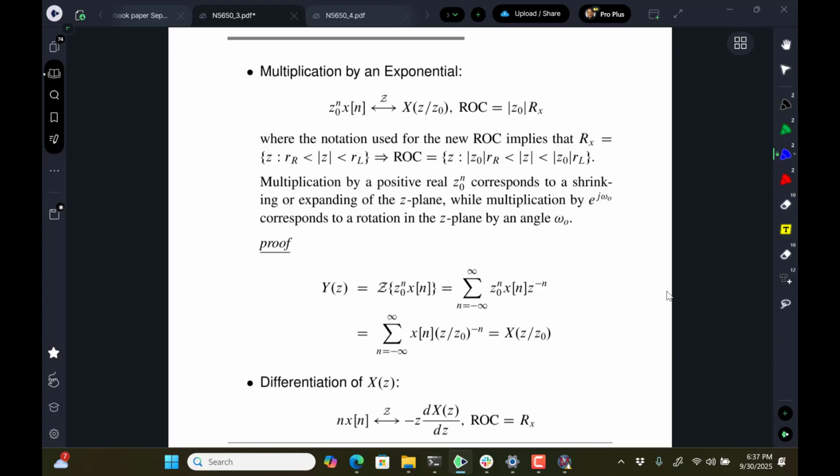It's either a contraction or an expansion, depending upon what that z naught factor is. And because z naught is complex, it can rotate it around one way or the other, depending upon what that angle is. This is just, it exists. Whether or not you make use of it, it's probably not one of the most popular transforms, but it's fairly powerful. It's somewhat mind-boggling, though, to think about what it does if you expand or compress, and then if you rotate it at the same time.